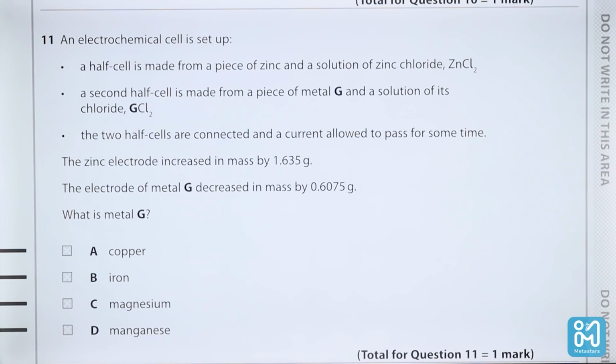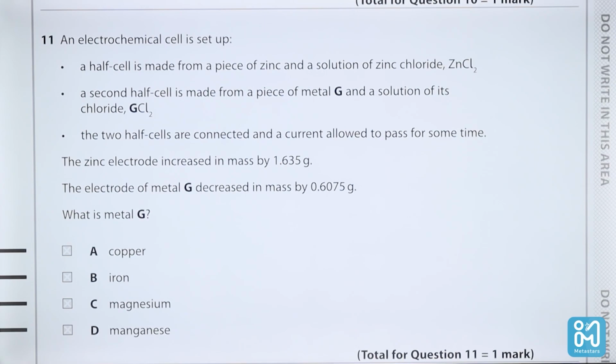The two half cells are connected and the current allowed to pass for some time. The zinc electrode increased in mass by 1.635, and the electrode of G decreased in mass by 0.6075. What is the metal G?